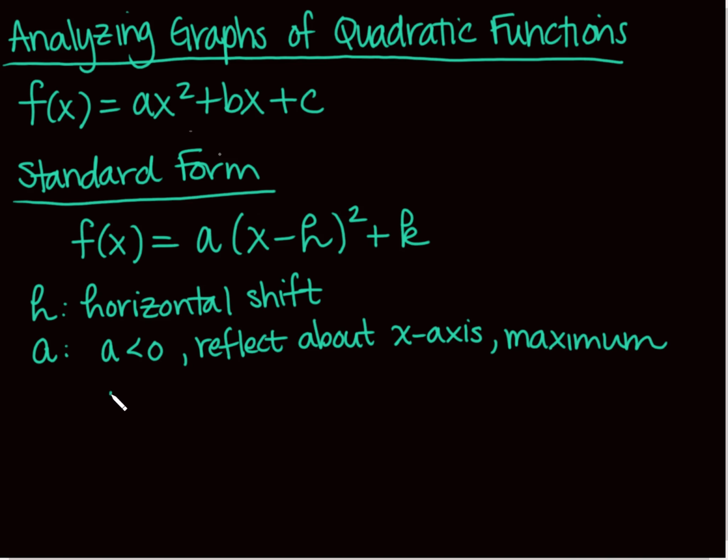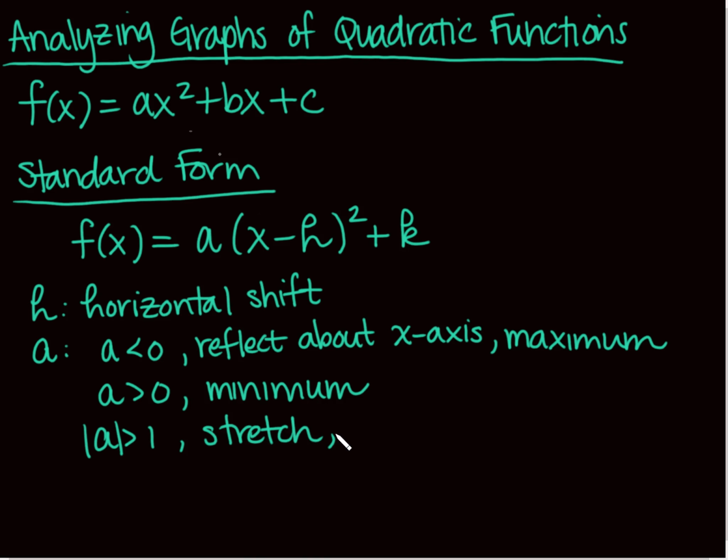If a is greater than 0, meaning it's positive, we have no reflection, and so we have a minimum. If the absolute value of a is greater than 1, then we have a stretch. And if the absolute value of a is between 0 and 1, a fraction, then we have a shrink.